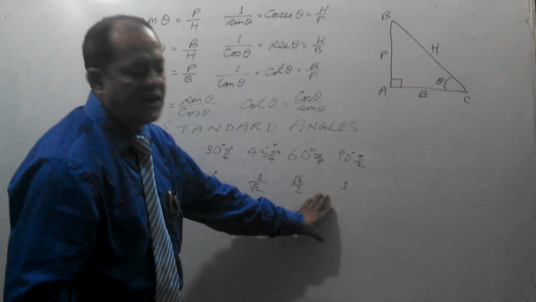We will write 2 cos A cos B is equal to cos A plus B plus cos A minus B. Right?